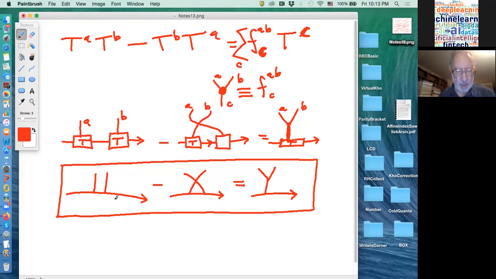So let's see what would happen if we were to impose Lie algebra matrices into those graphs. Well, then we would start with the first difference, which looked like this.